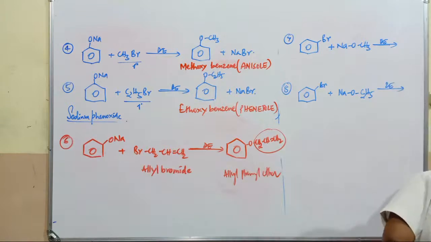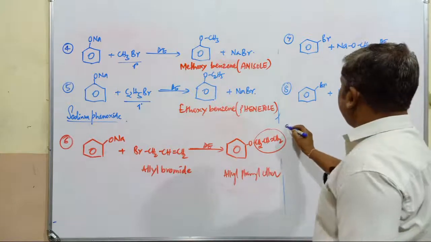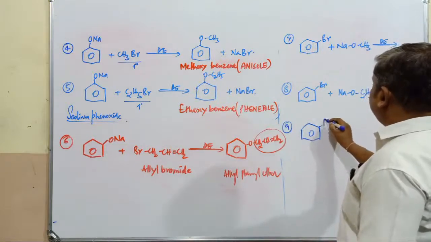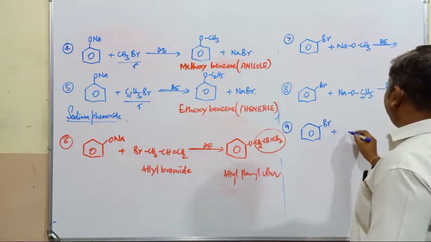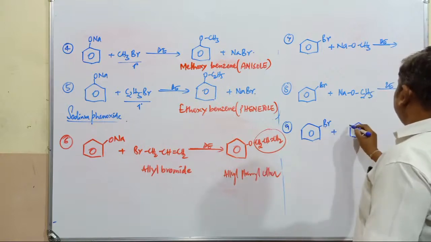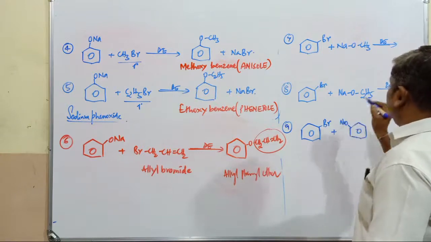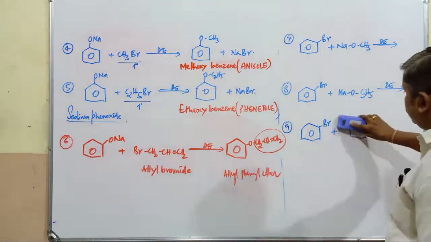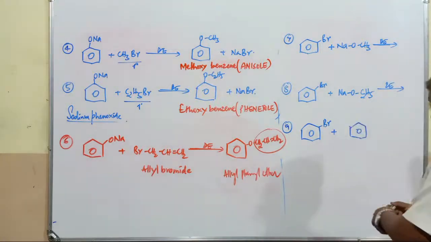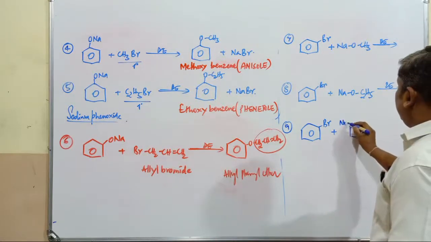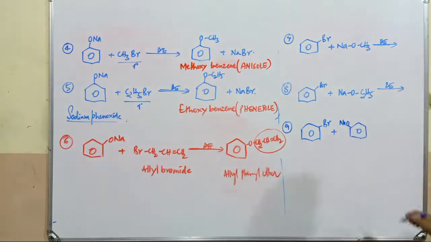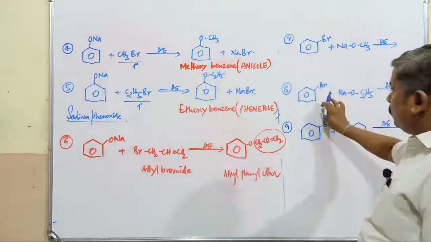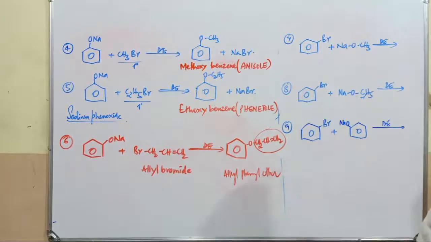Next, the ninth one: Br plus ONa. In all three, the halide is bromobenzene; all three molecules are the same.